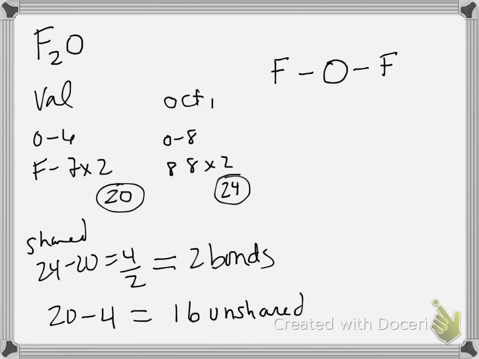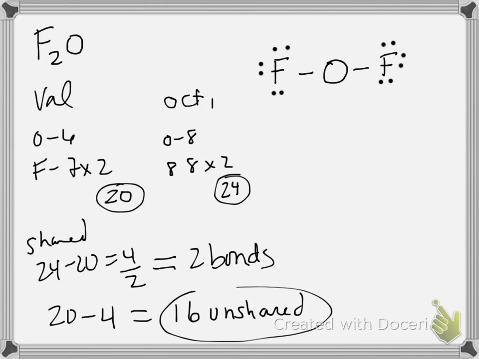Now, to assign those 16 unshared electrons, we know that fluorine comes in with a whole, almost complete circle of unshared pairs. So we'll go ahead and stick those on there. 2, 4, 6, 2, 4, 6. So now we're up to 12.